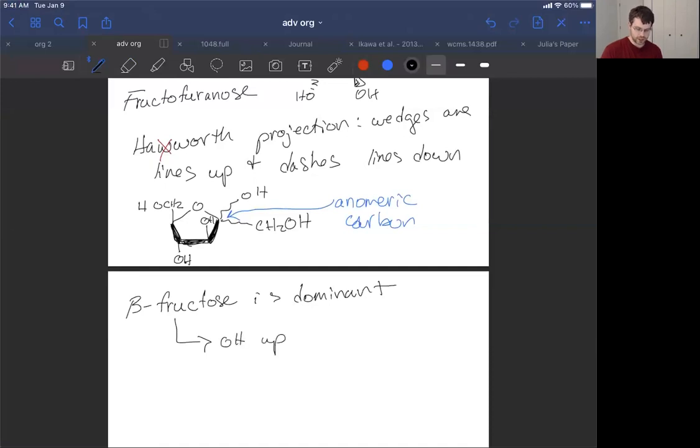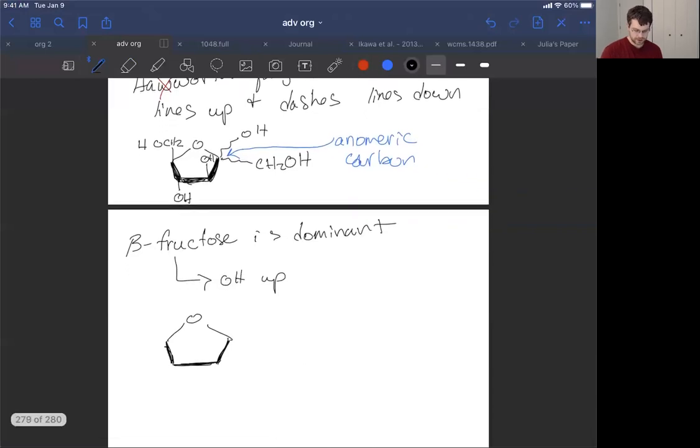So what our Haworth projection looks like is this. I'm not going to make the shading too thick this time, just a little splash of solid lines. Now the OH is going to be up, and then it goes up, up, down, up, CH2OH, and then we can't forget this substituent down, which is the other CH2OH.